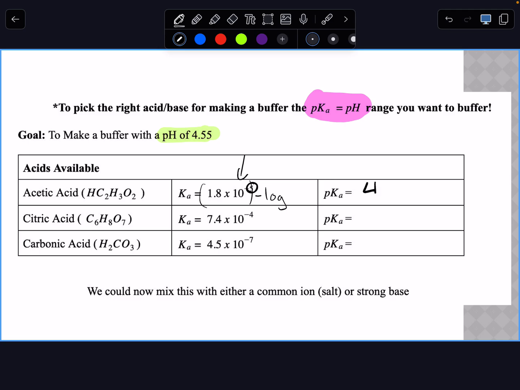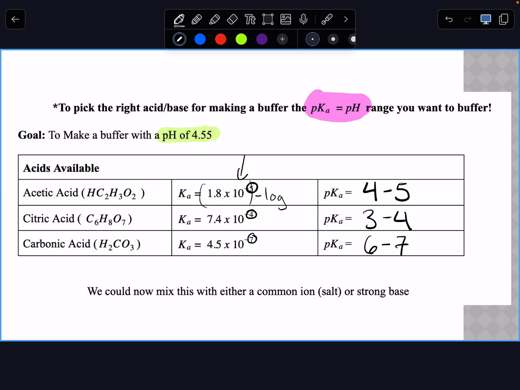So this pKa is going to be between 4 and 5 because of the power of 5. This one would be between 3 and 4. And our last one would be 6 to 7.